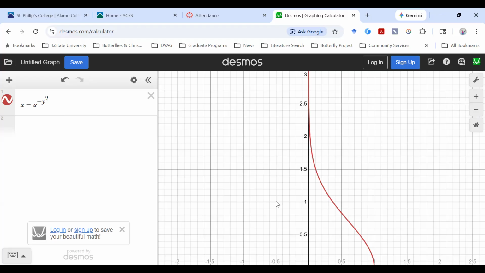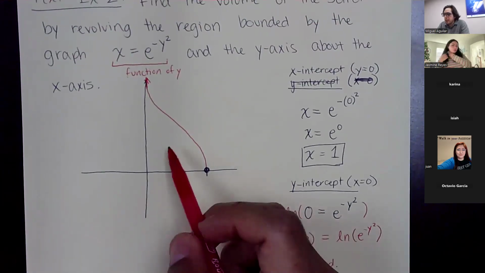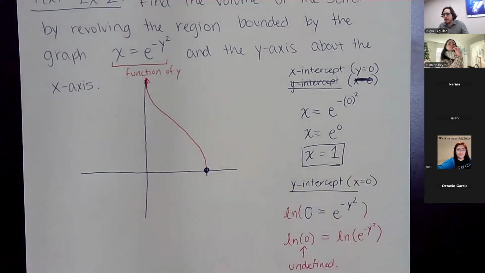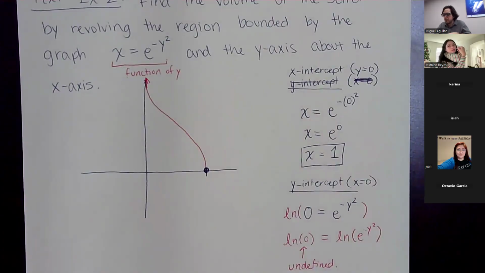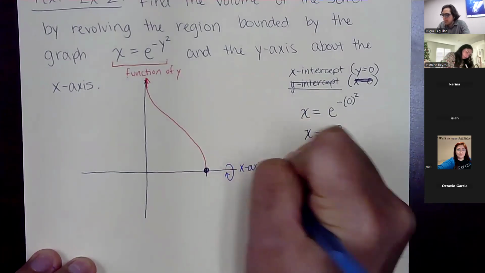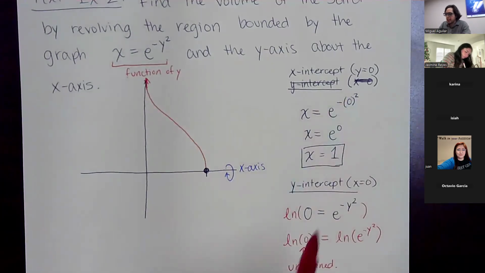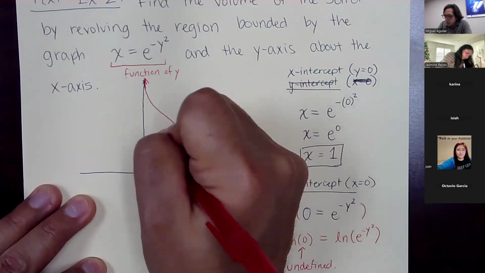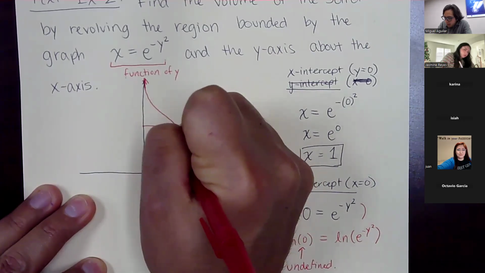Okay, so let's zoom back to our drawing that we're making. I just drew the upper half of this function, but now we said that we wanted to rotate this about the x-axis. So let's set up these shells the way we want to. We're rotating about the x-axis, which means that the representative rectangle is going to be something like this. Here is my rectangle.